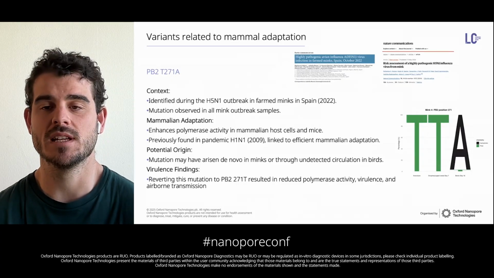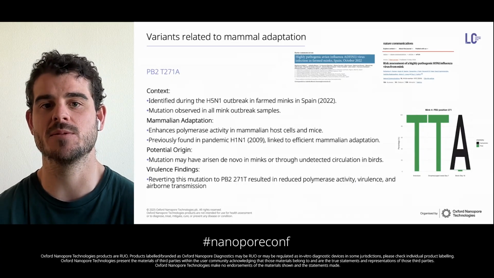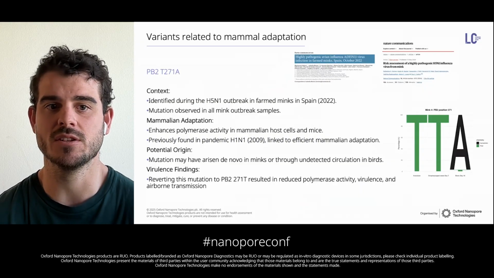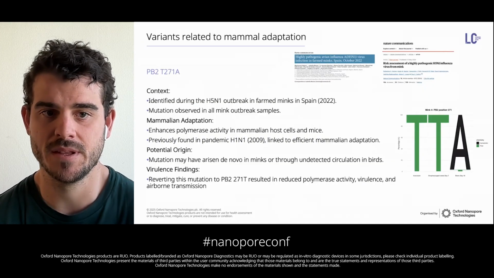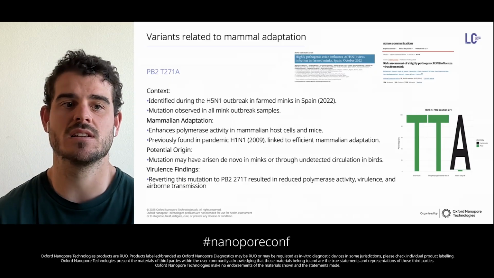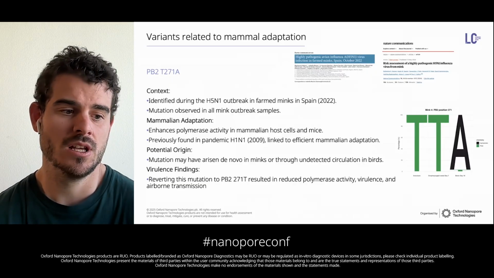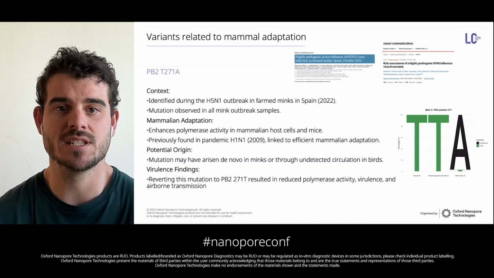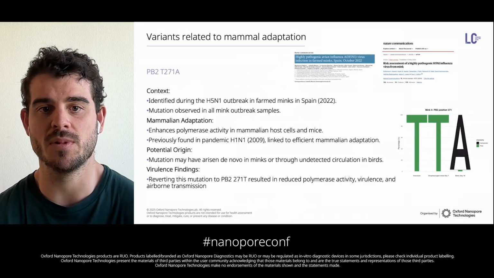Also, it is known that this variant enhances the polymerase activity in mammalian host cells and mice, and it was also previously found in the pandemic H1N1 strain. This is, to the best of our knowledge, the first reported observation of this spontaneous occurrence of this variant in a mammal.